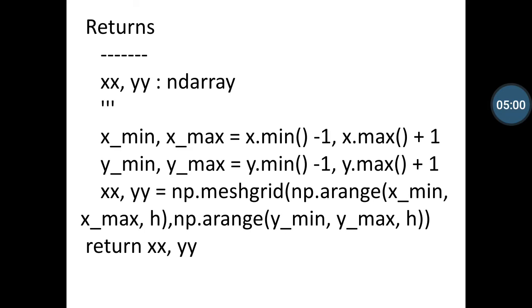And then return xx and yy, of type ndarray. It creates an array-like structure. I am defining the next code as x_min and x_max equal to x.min() minus 1 and x.max() plus 1 to define the coordinates of the x values in our graph.